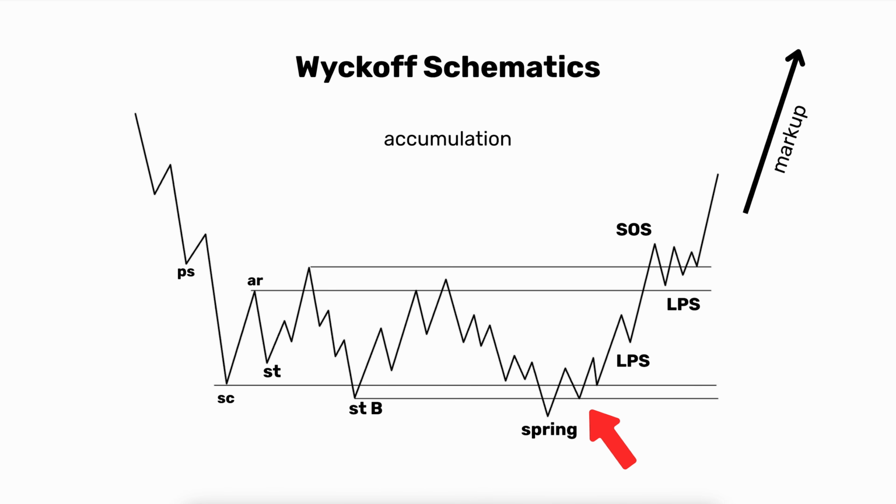This move here, called a spring, is the final attempt lower by sellers before buyers completely take control of this market and push it to the upside, where we get a sign of strength, which leads us into that phase of markup. So if we consider this from a logical market psychology perspective, what this schematic actually shows is the crossing point where sellers are losing control to buyers and buyers are taking control of this market, which will lead us into upwards price action.